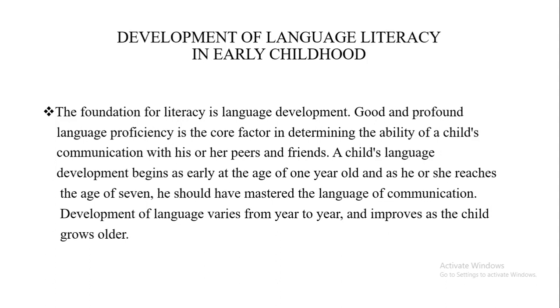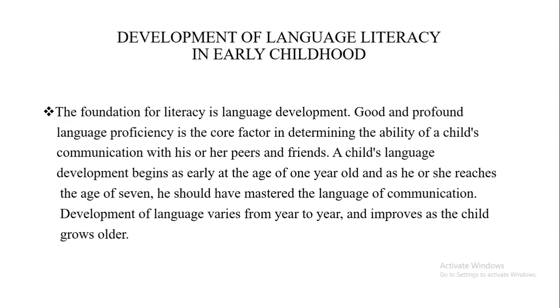Development of language literacy in early childhood. The foundation for literacy is language development. Good and profound language proficiency is the core factor in determining the ability of a child's communication with his or her peers and friends.